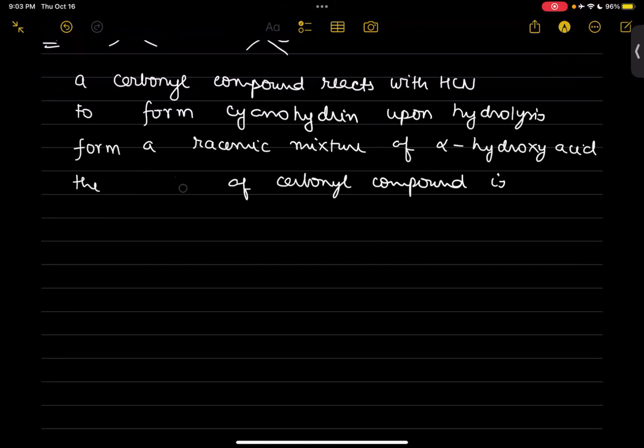Actually, they have given the name, so I will remove this. The carbonyl compound can be, okay, Option A, acetaldehyde. Option B, acetone. Option C, diethyl ketone.